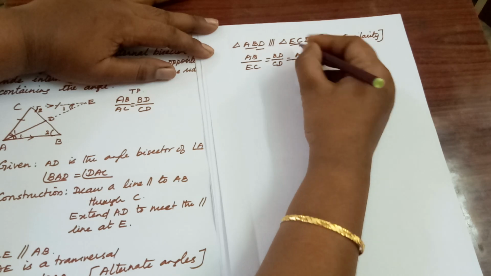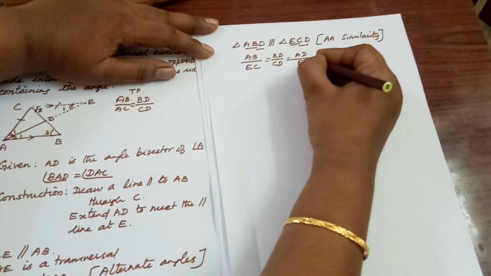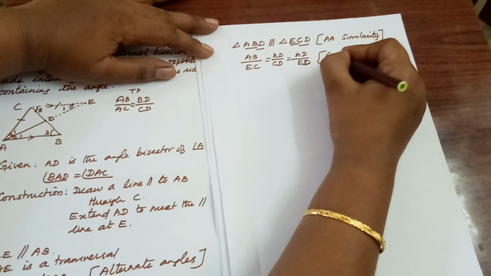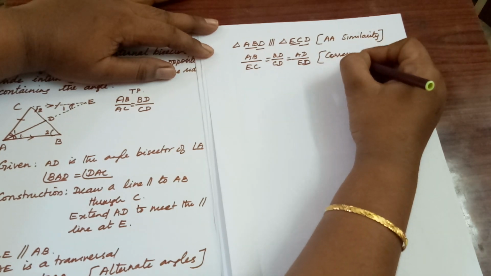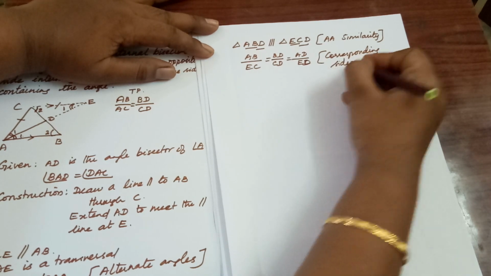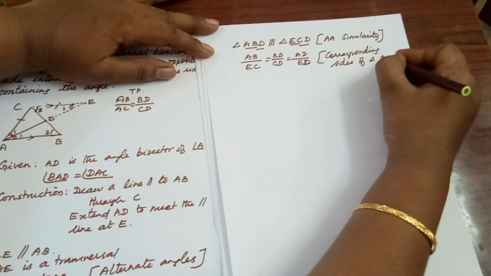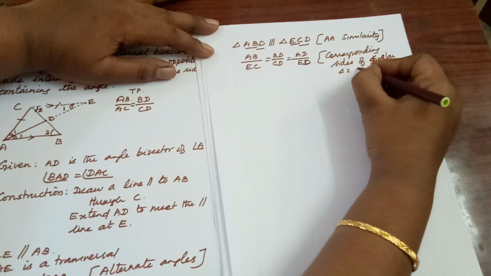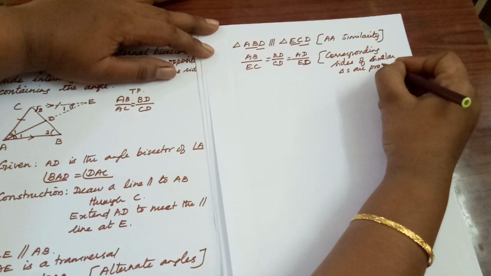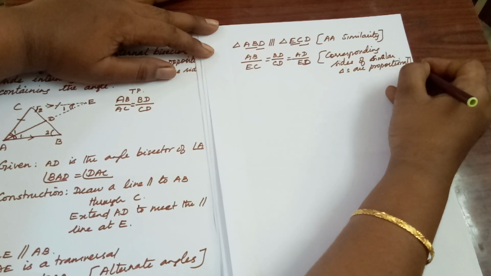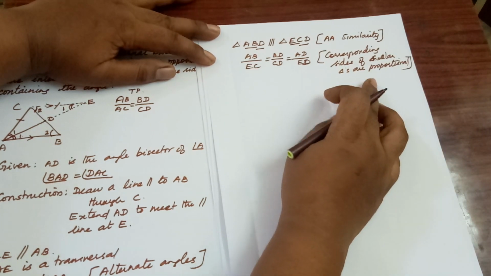So corresponding sides of similar triangles are proportional. This is the property we use here.